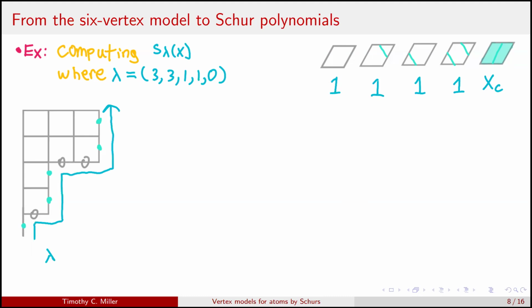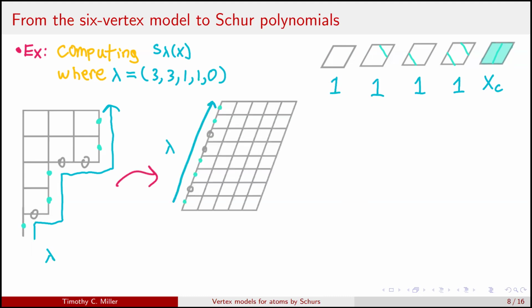And then we read this sequence of dots, and what that will do is encode lambda. We put that on the side of this grid, and then on the bottom, we put all blue dots. And each column is assigned the variable x_c, where c is the column number.